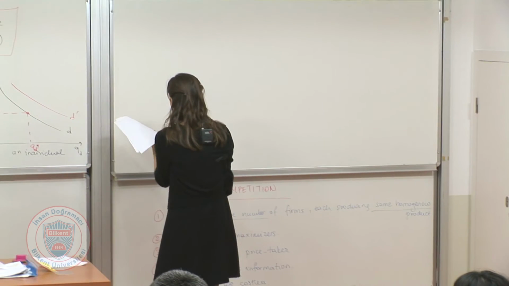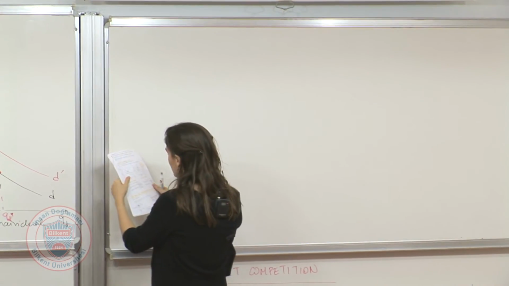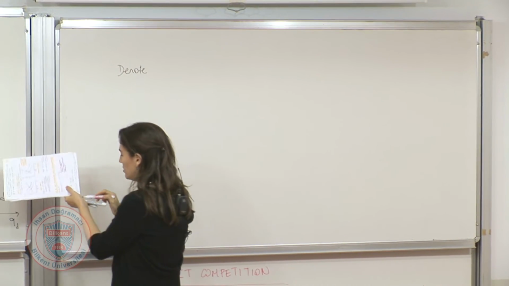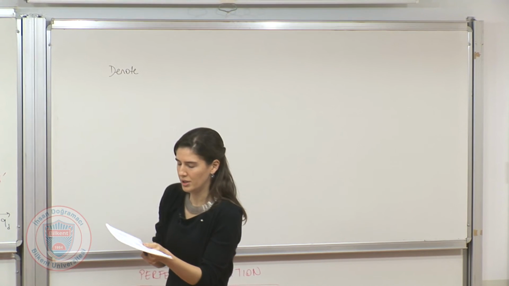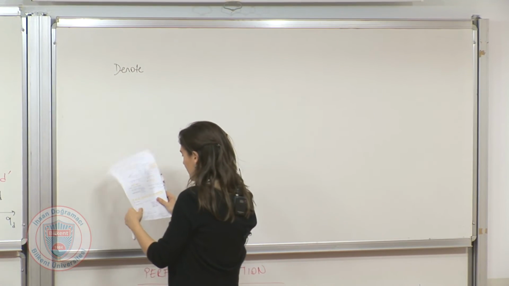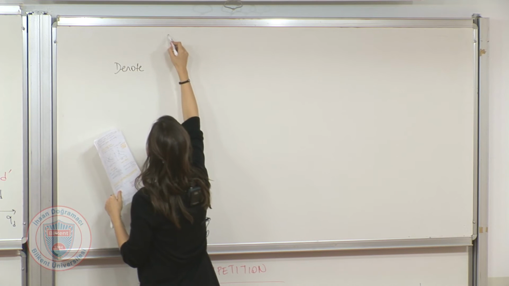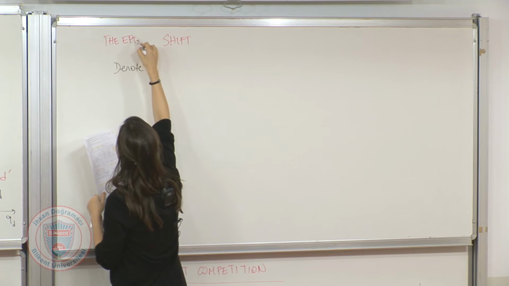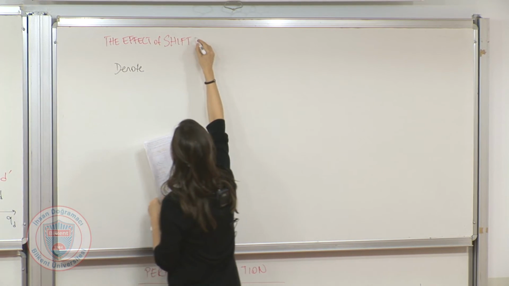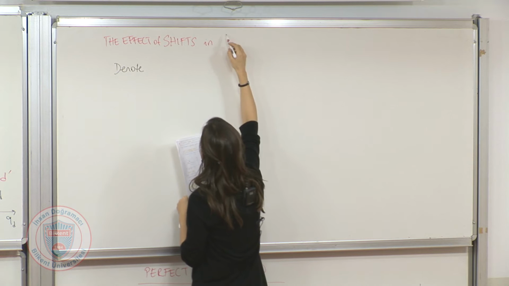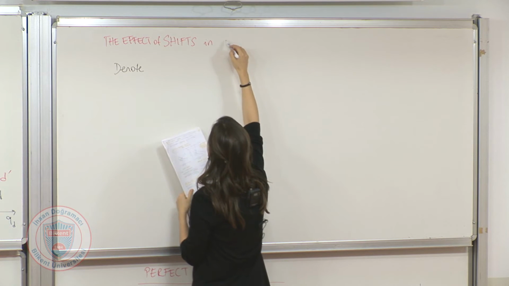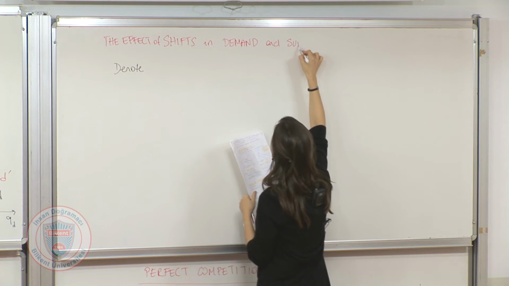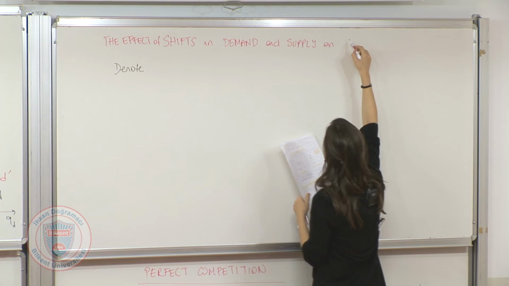So now let's denote, so that you would have proper notes: the effect of shifts in demand and supply on P star.